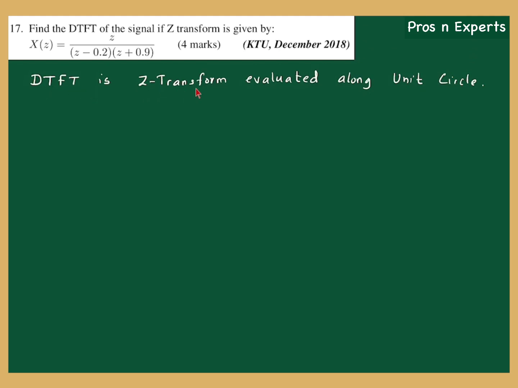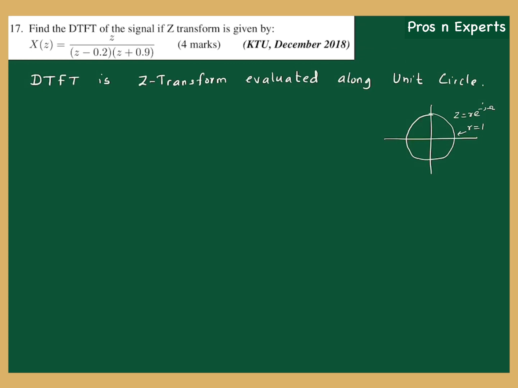DTFT is Z transform evaluated along the unit circle in Z plane. You might remember in the previous video I took the Z plane and drew a unit circle. Unit circle is nothing but Z equal to R e raised to minus j omega, where R is equal to 1, modulus is equal to 1. So that defines the unit circle.